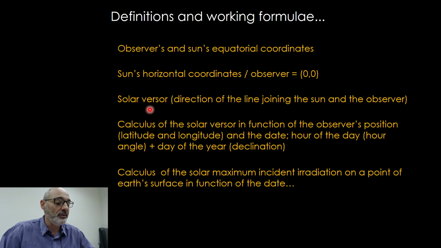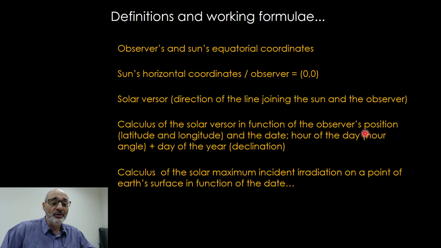Okay, so we have to calculate the solar vector, which is the direction or the line joining the sun to the observer. With this information we can perform that integral that I showed you in the beginning of this part of the class.